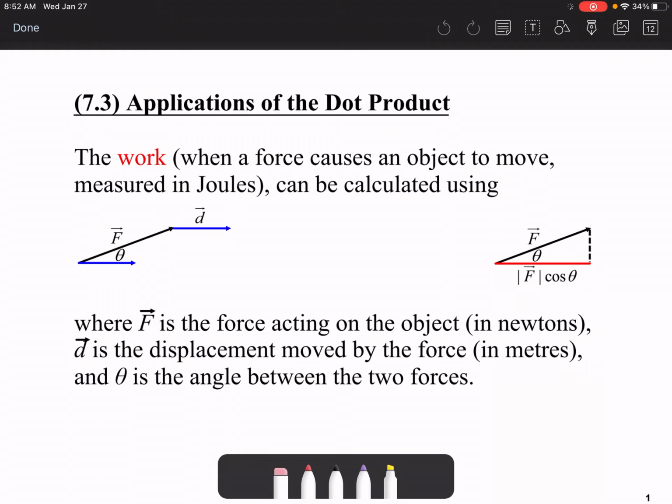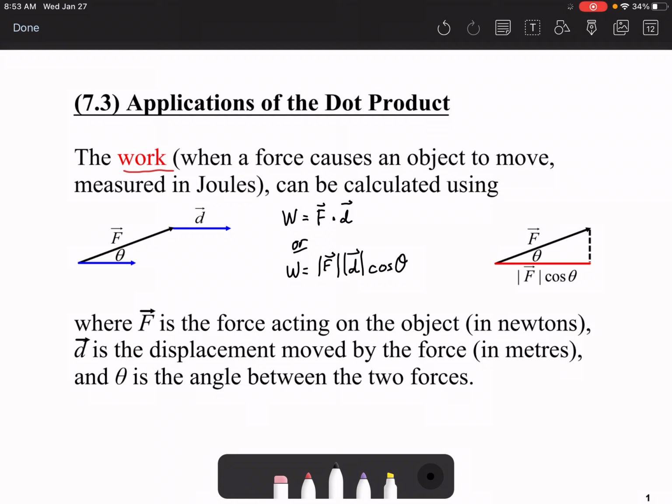So first off, the work, when a force causing an object to move, is measured in joules and can be calculated using, so we usually use W for work, and we take the force F and we dot it with the displacement D. Or if you wish, since we know another possible calculation for the dot product, the magnitude of the force times the magnitude of the direction times cosine theta.